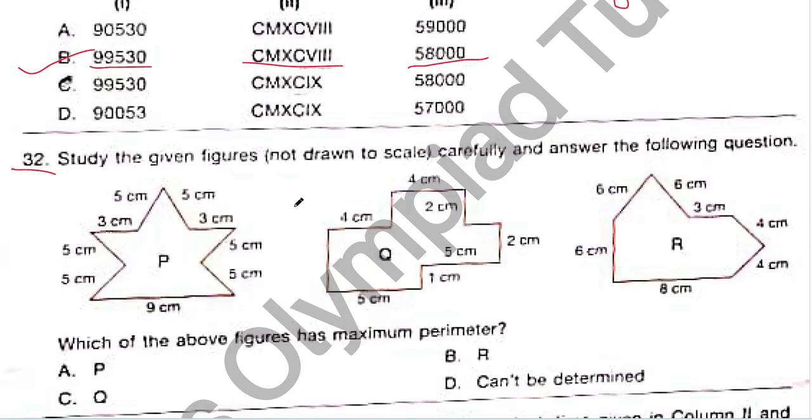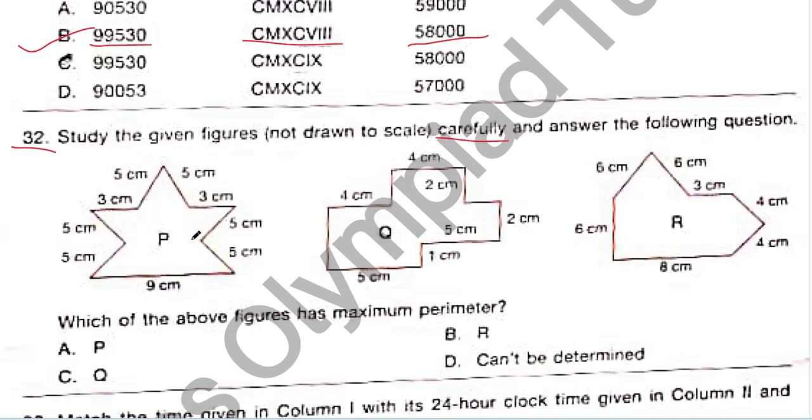Question 32: we need to study the given figures, not drawn to scale, carefully and answer the following questions. There are three figures: P, Q, R. We have to find the perimeter and then check which figure has the maximum perimeter. For figure P, we need to find the perimeter. This means we have to add the lengths of all the sides. When we add all the sides, we get the perimeter as 48 centimeters.